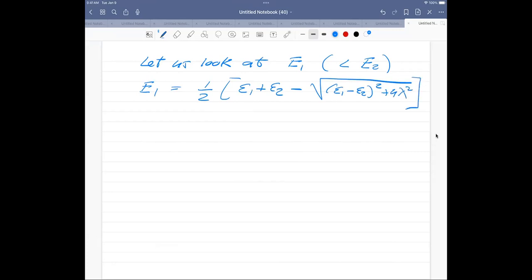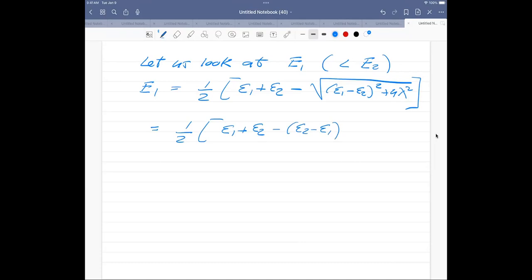So that's the energy. And now what I can do is Taylor expand this energy if I want to. So let's do that. What I could do is rewrite this one in terms of 1/2, and then I have epsilon1 plus epsilon2, and you will see now why I'm going to rewrite it in terms of epsilon2 minus epsilon1, because it's going to cancel a term for me.